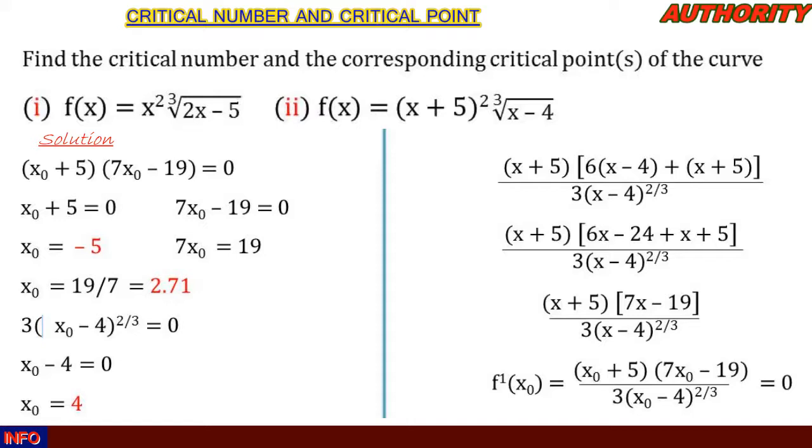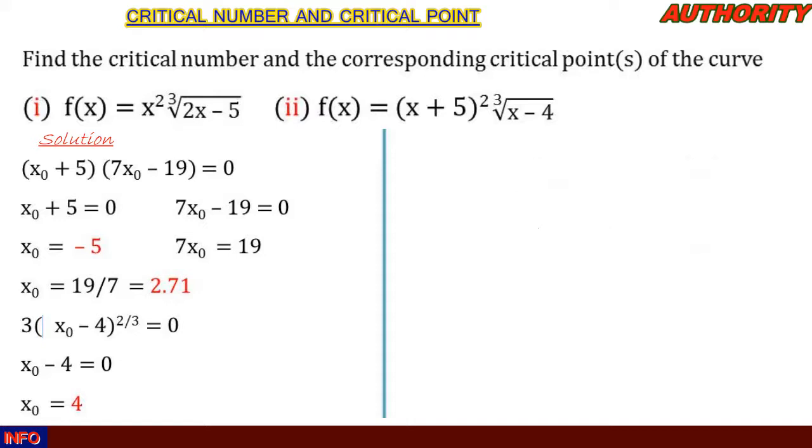Now let's solve for their corresponding critical points. For x naught equal to minus 5, we have the function f of x is equal to (x plus 5) squared times the cubic root of (x minus 4).